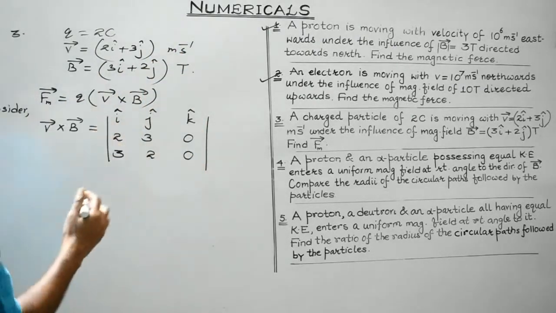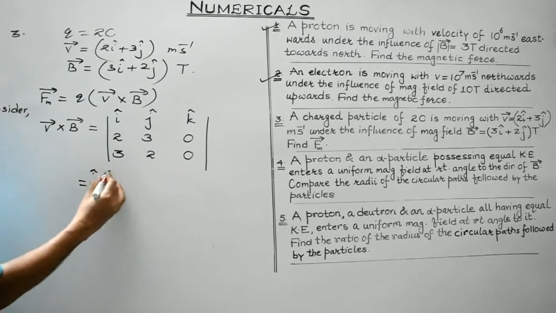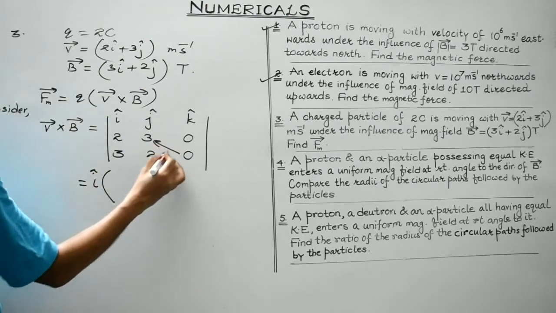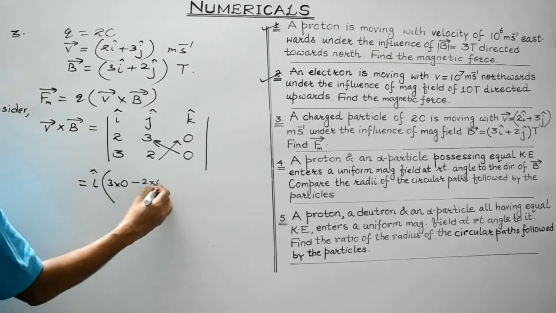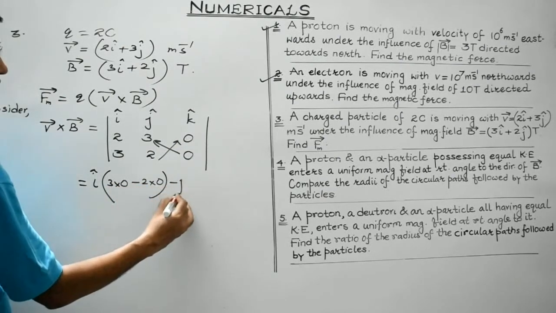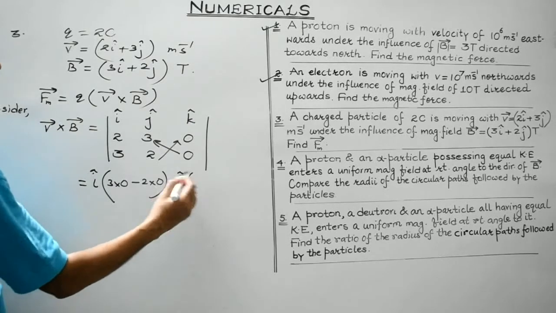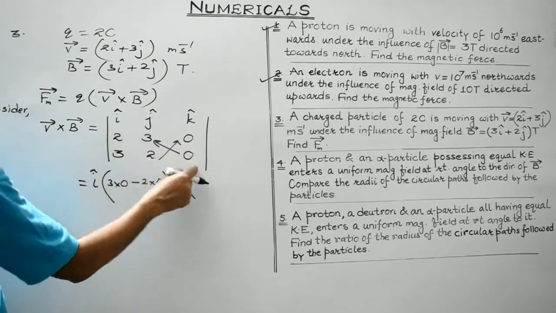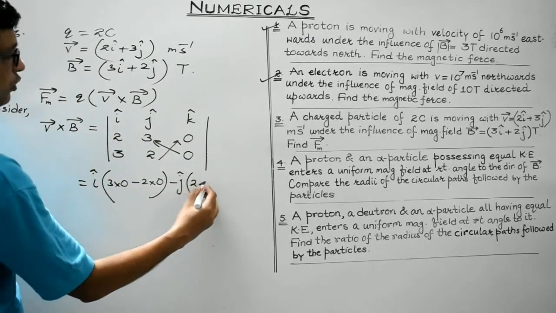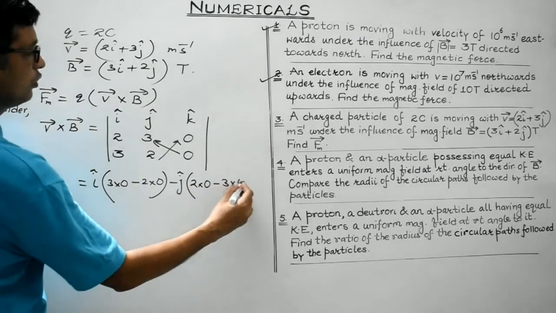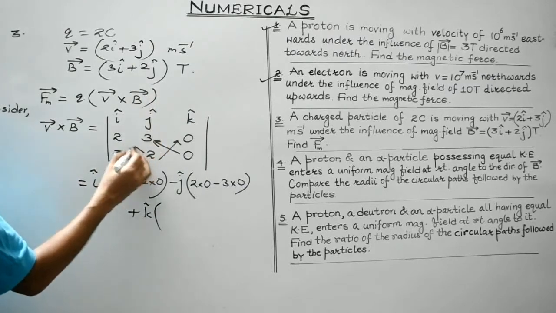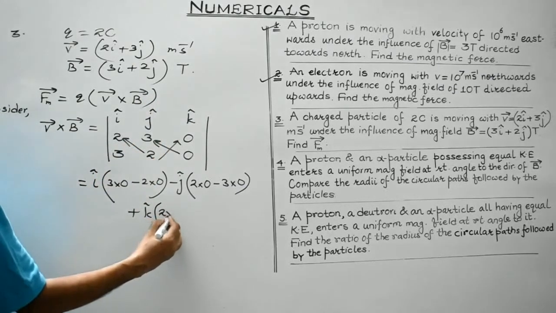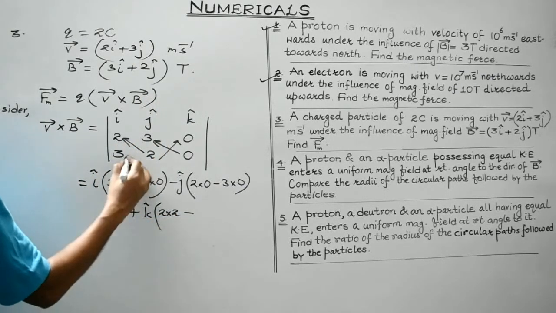Right? Let's solve it. i cap, this into this minus this into this. So 3 into 0 minus 2 into 0. The middle term will be negative, minus j cap, this into this, right? So 2 into 0 minus 3 into 0, plus k cap, 2 into 2 minus 3 into 3.